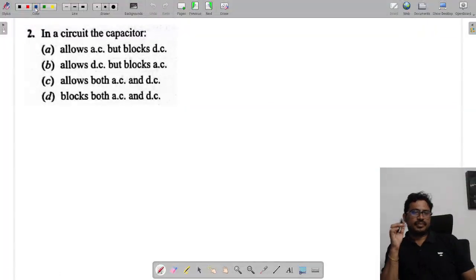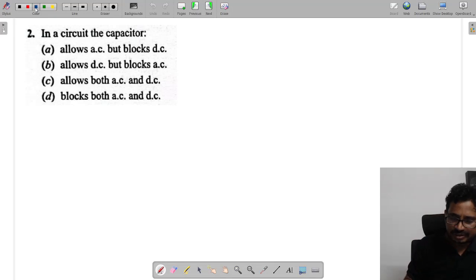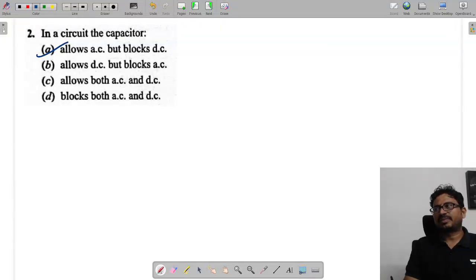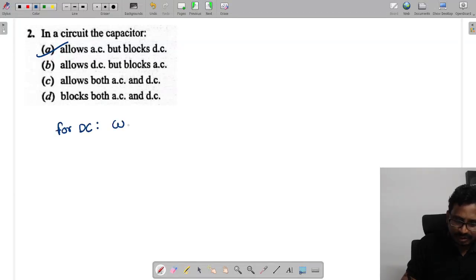Next, in a circuit, a capacitor allows AC but blocks DC. The reactance of a capacitor for DC is how much? For DC, omega value is 0.